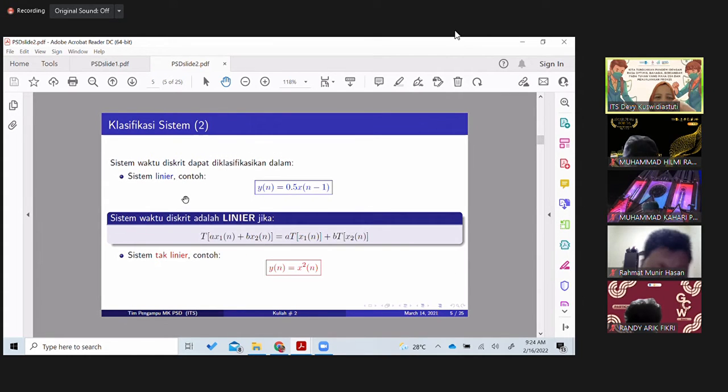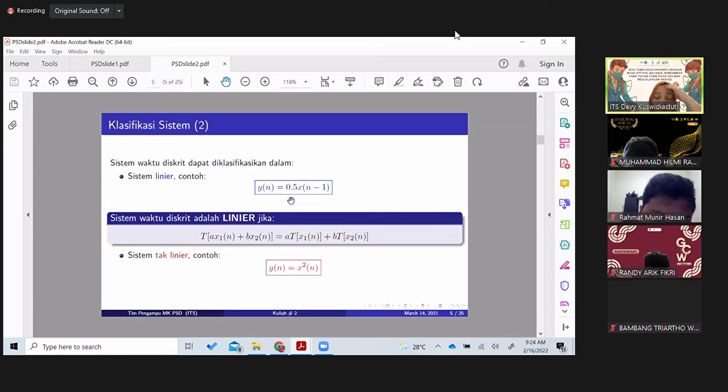So the next one, classification can be done based on the characteristic, whether it is a linear system or a non-linear system. And how do we know if the system is linear or not? There are two examples here. The blue one is for the linear one, so yn is equal to half xn minus 1 plus xn minus 2 and so on.